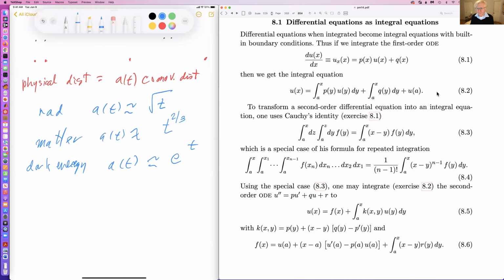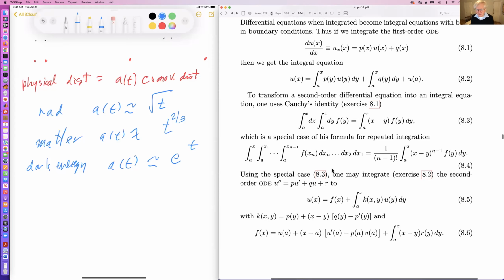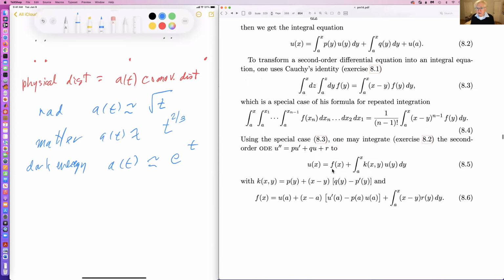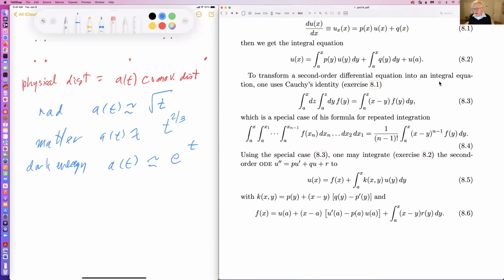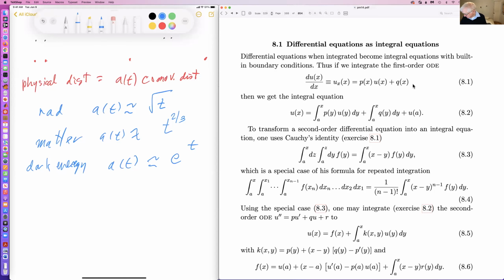And now what is more important, of course, for us is to deal with a second order differential equation, because for second order, we don't have a recipe to solve the equation. So let me just mention.